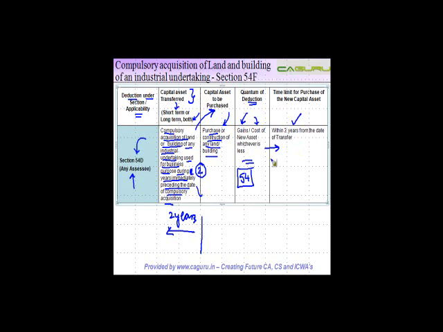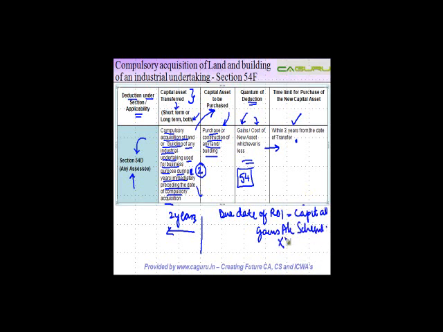Okay? Again, simple. There are 2 additional points here which we had discussed in the previous versions as well, which is that if by the due date of filing of return of income, you do not purchase this new capital asset, then you have to put in the amount in the capital gains account scheme.